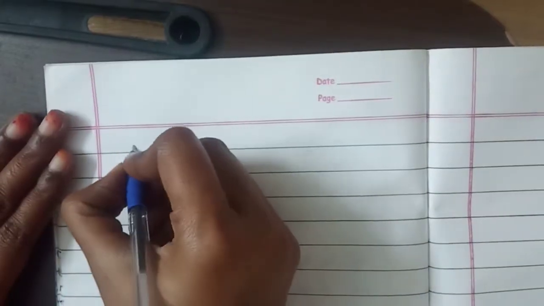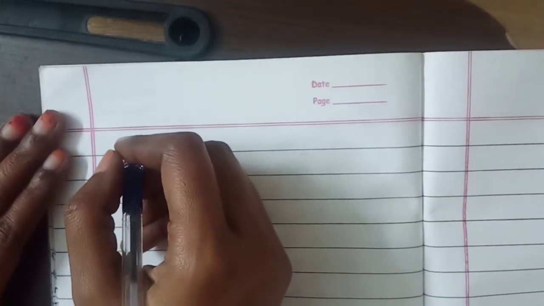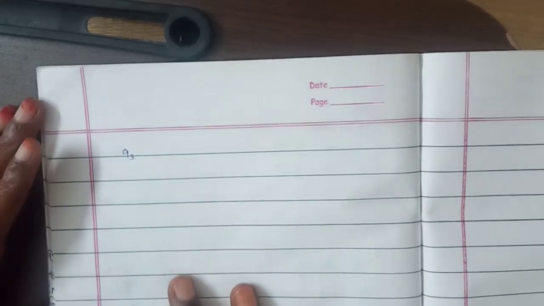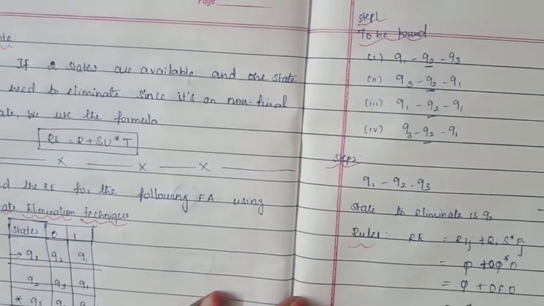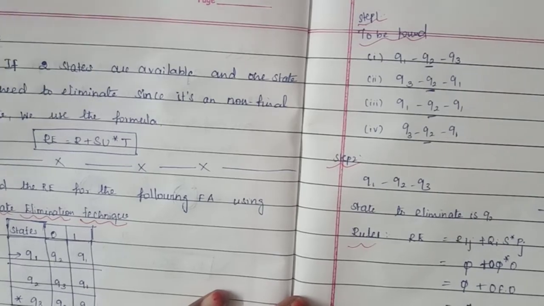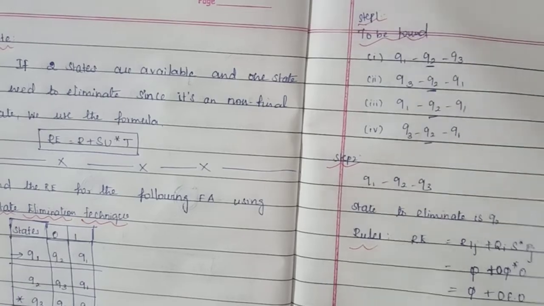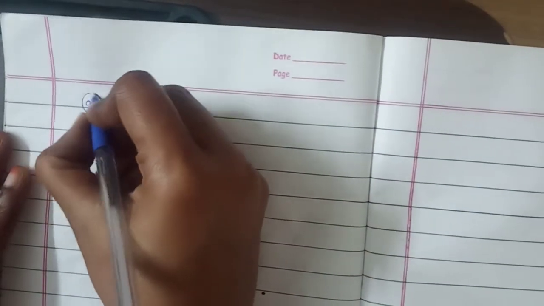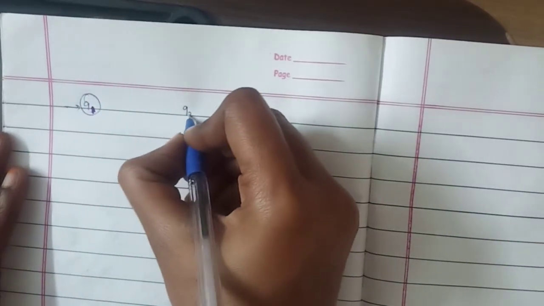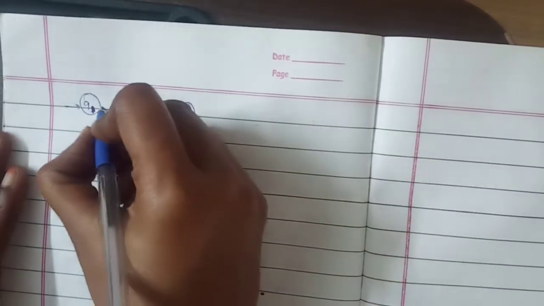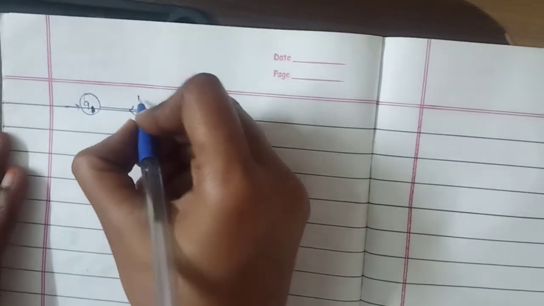So after this we have to redraw this diagram like this. So Q3, so when you have this, right, Q3 to Q1, so Q3 to Q1 it is 1 1.